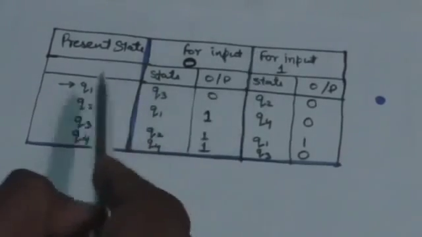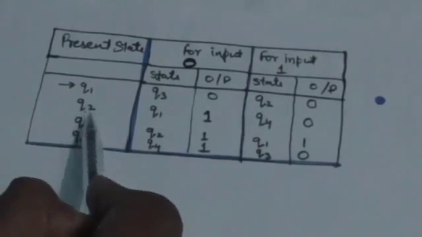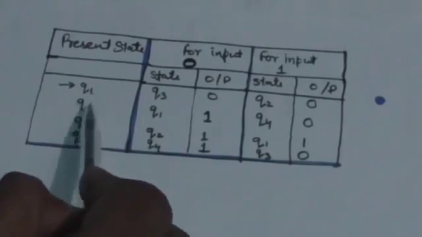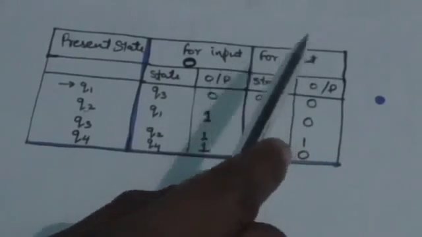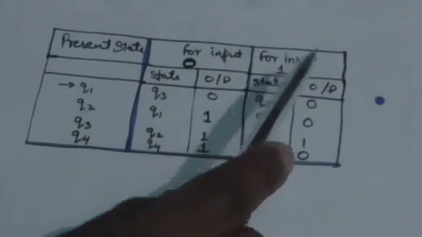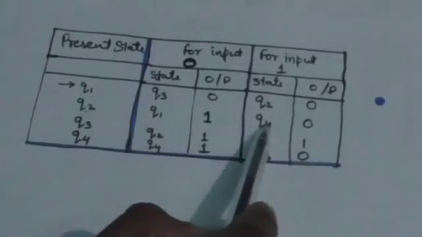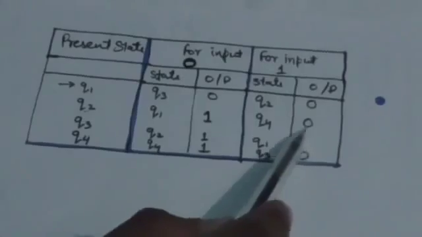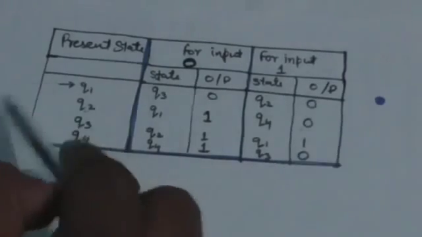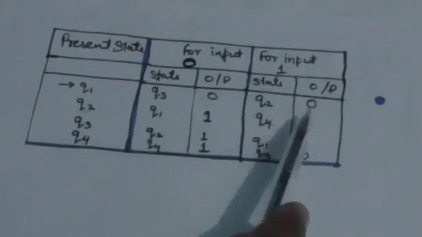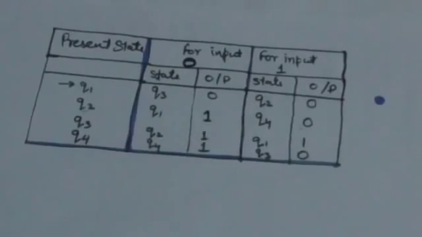Now when the present state is Q2, means machine is in state Q2 and it reads an input symbol 1, then it will transit to Q4 and gives output 0. In this way we can interpret this table.